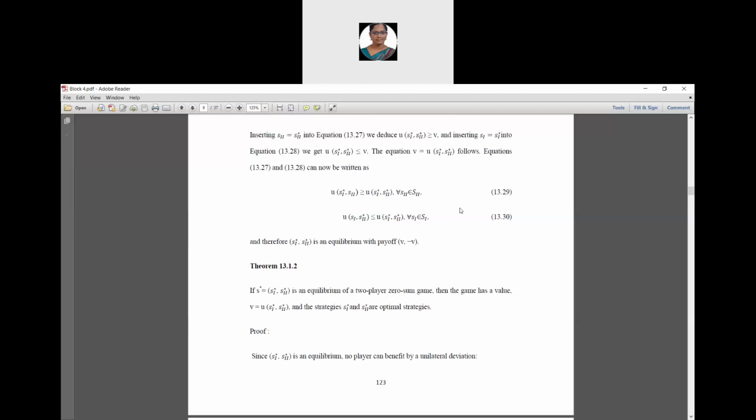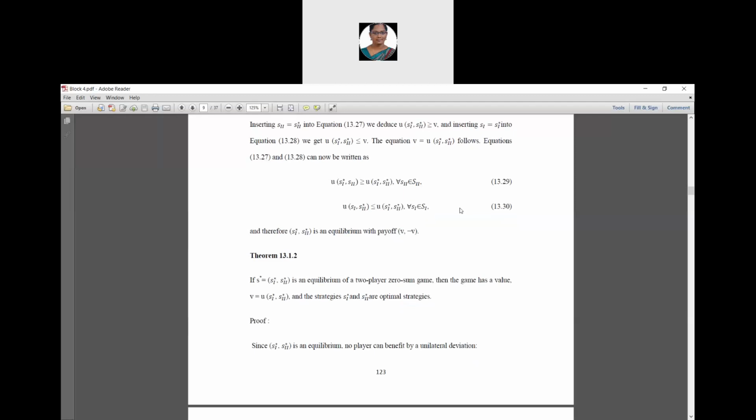Then moving on to the next theorem: if S star, equal to S1 star comma S2 star, is an equilibrium of a two-player zero-sum game, then the game has a value V equal to U of S1 star comma S2 star, and the strategies S1 star and S2 star are optimal strategies. So we have to prove this thing. The strategies S1 star and S2 star are optimal strategies.